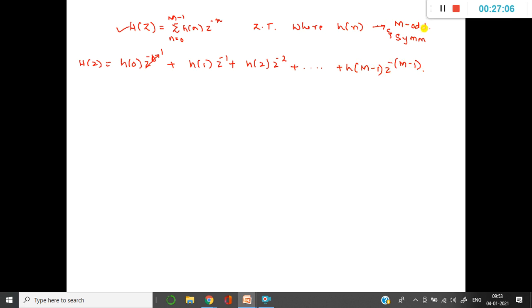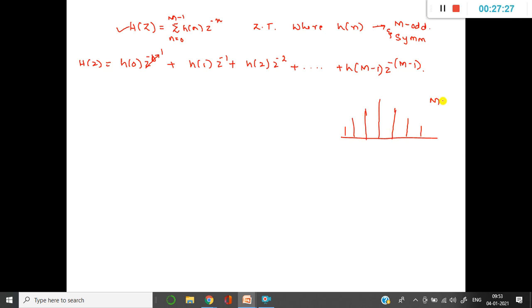Now assume that M is odd. Let me consider this to be symmetric, and M is odd. So this and this signal are the same.